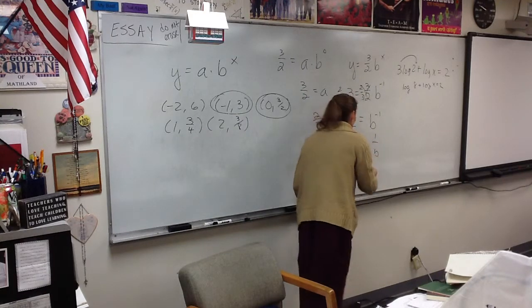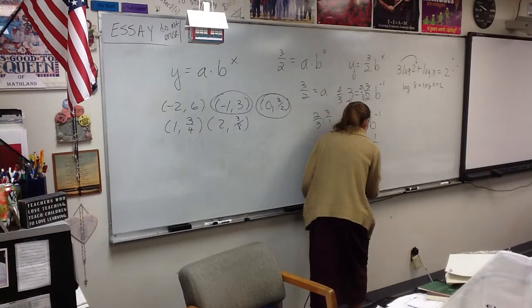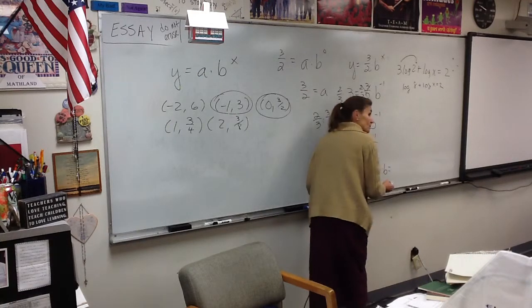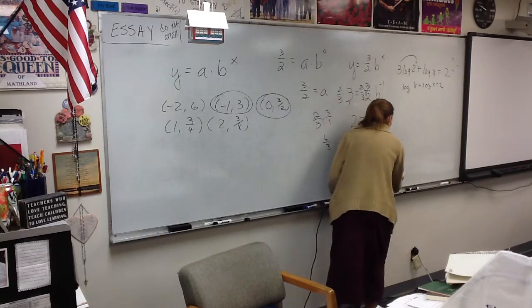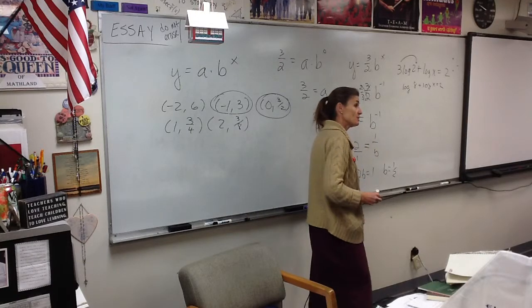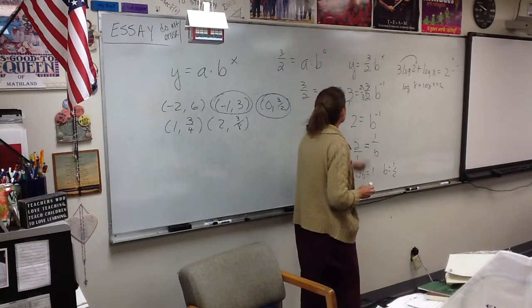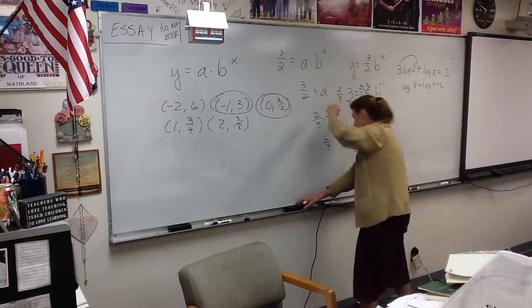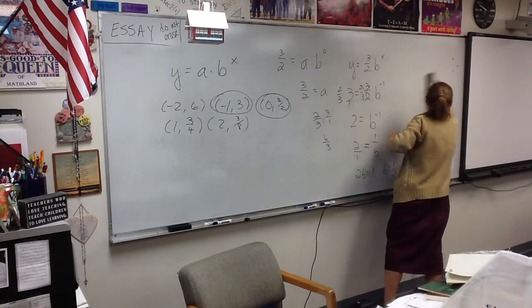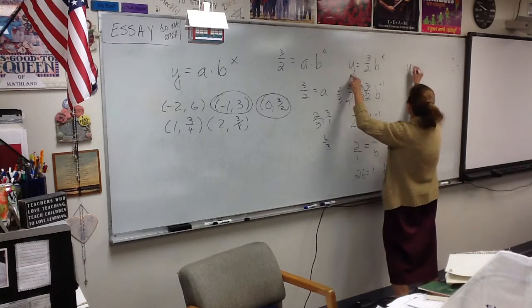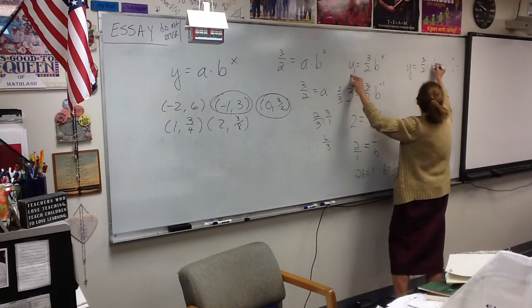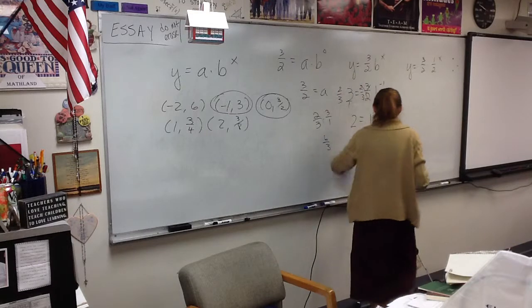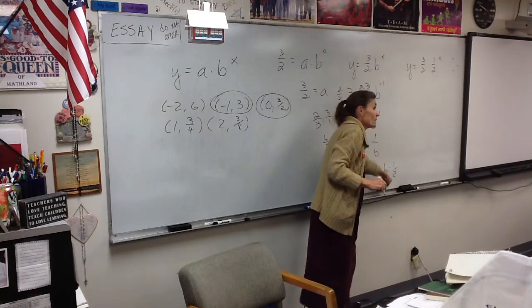So it'd be 2b equals 1, so b equals 1/2. Divide by 2. Then I can go back to my equation. And I have y equals 3/2 times 1/2 to the x. Because b was 1/2.